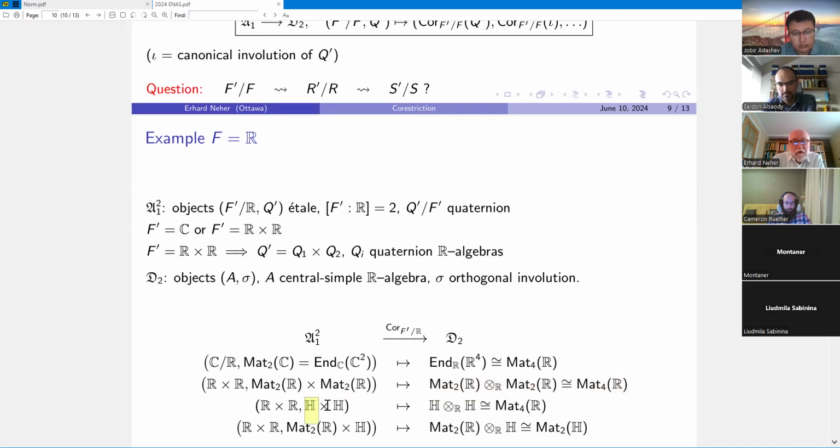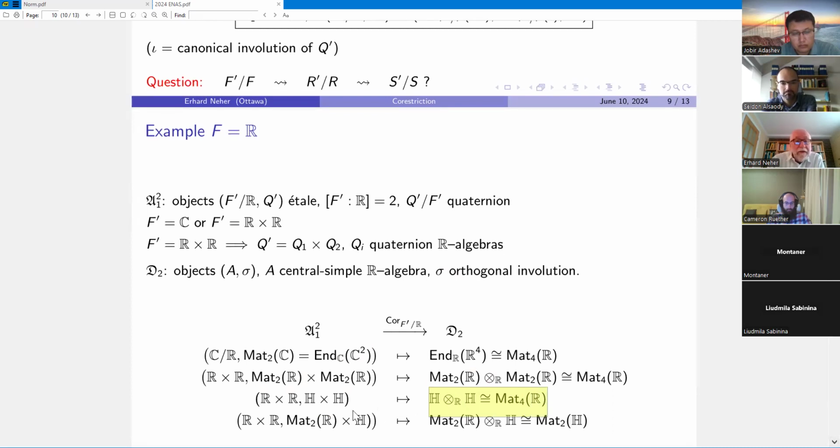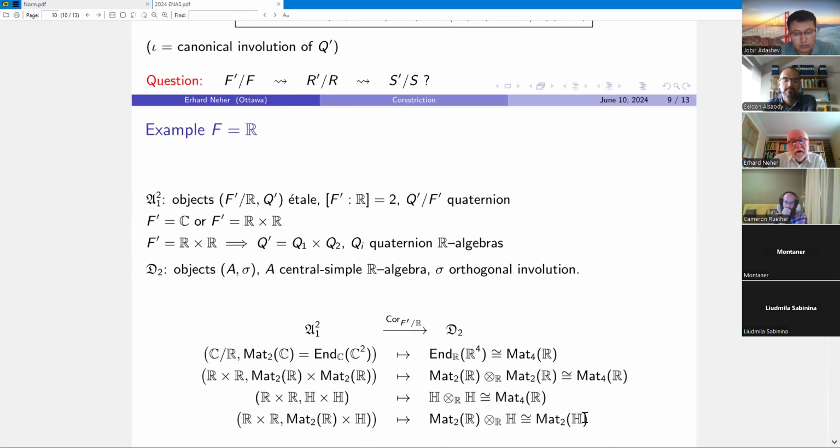The Hamiltonians cross the Hamiltonians are mapped into the tensor product of the Hamiltonians, which is again Mat4(R). And if I have the mixed case, the 2x2 matrices over R times the Hamiltonians, then this is mapped onto the tensor product, which gives us the 2x2 matrices over the Hamiltonians.